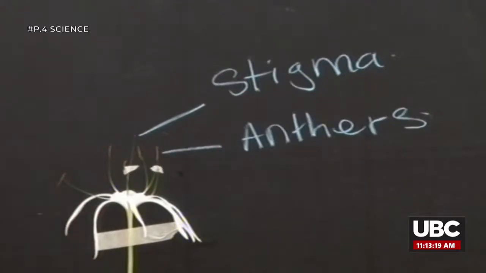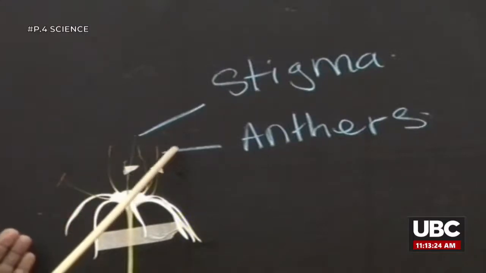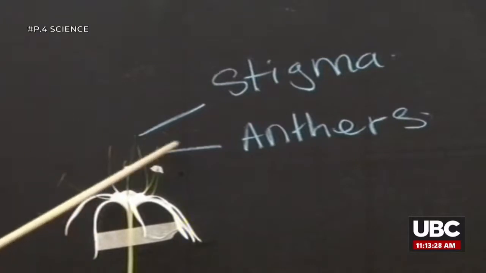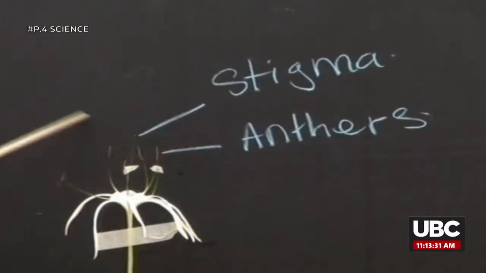And here we have a type of pollination where the pollen is moving from the anthers to the stigma. Can our pollen move? Yes.